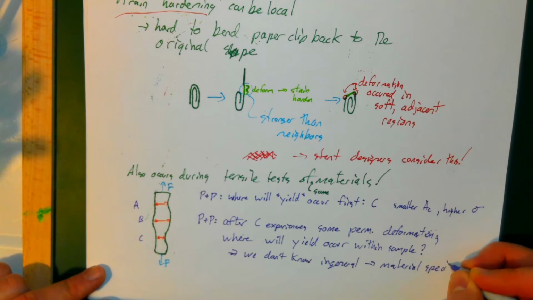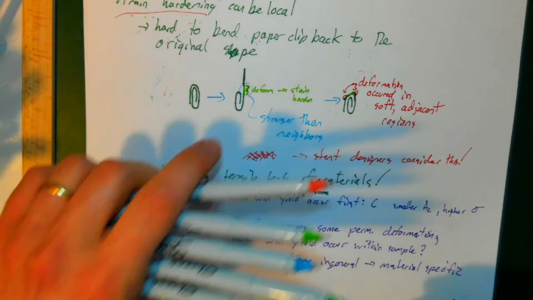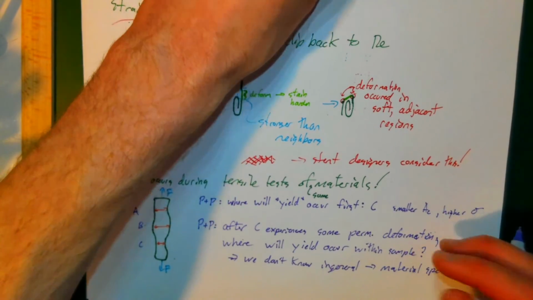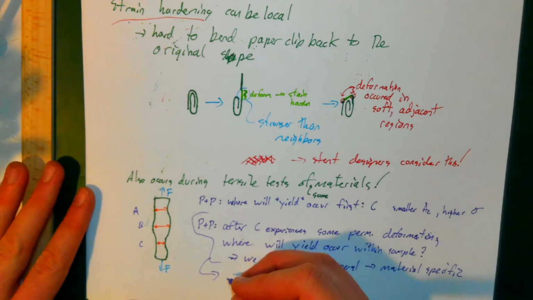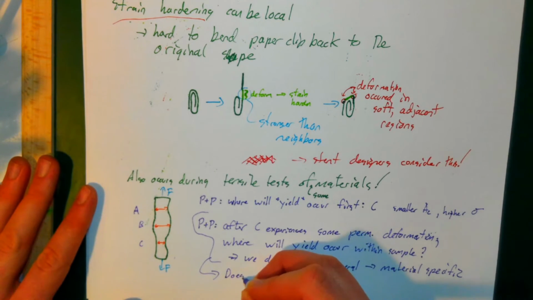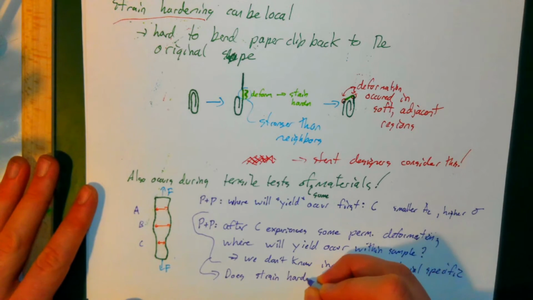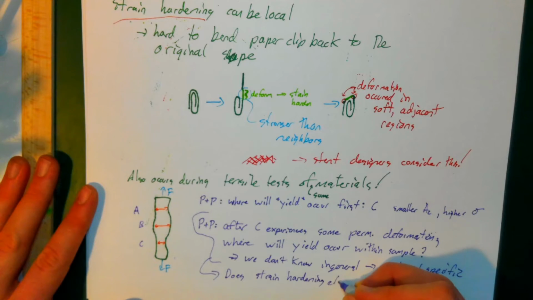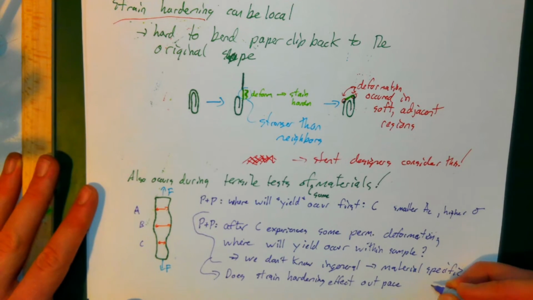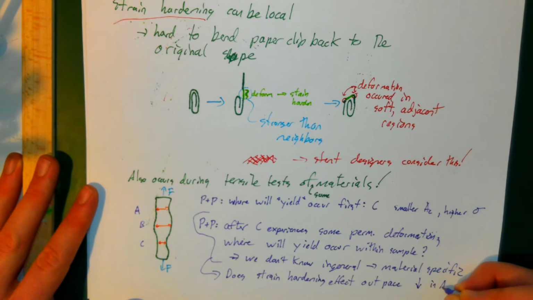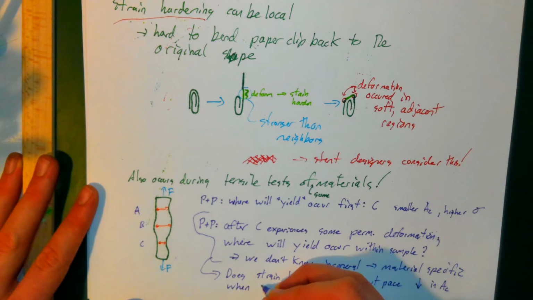And to answer this question, we basically need to know, does the strain hardening effect outpace the reduction in cross-sectional area when strain occurs?